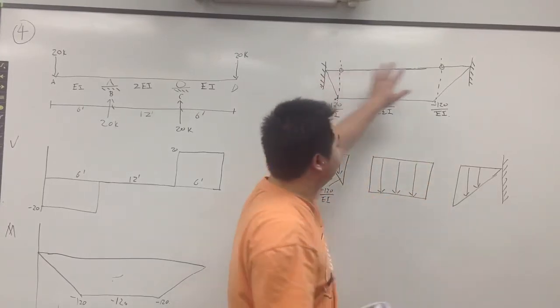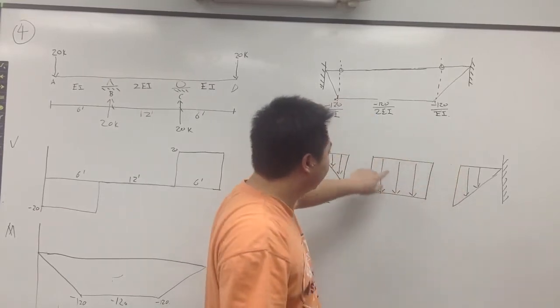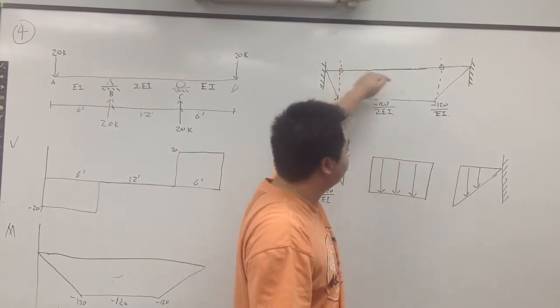Because this is a negative moment, for the arrow you have to point it down, away from the beam.